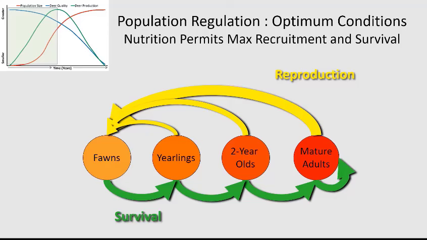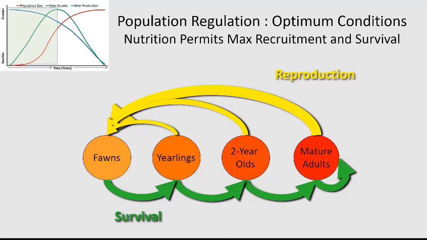In really optimum conditions, yearlings will actually breed and produce fawns, and so that yellow arrow back from the yearlings shows yearlings producing fawns themselves. Then you have 2-year-old does that are producing fawns also, but they're not producing fawns as effectively as a mature adult, so their yellow arrow is not as thick as the mature doe's arrow.